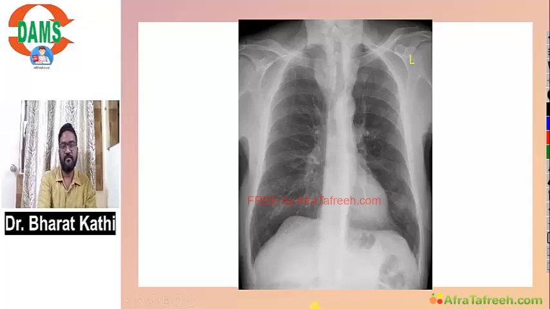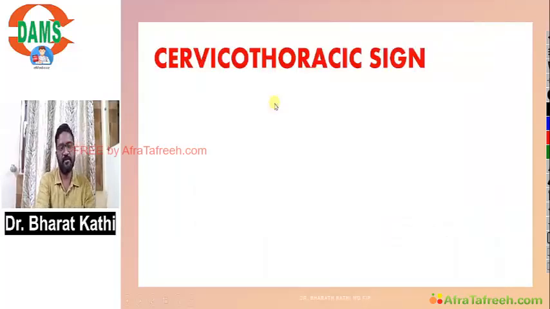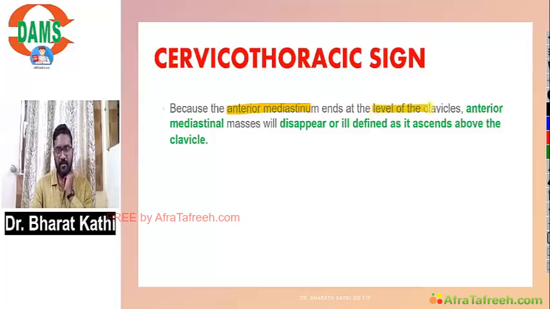Then what is this sign? Whenever you see an enlargement at the clavicular area and the examiner asks you to describe this sign, it is referred to as the cervicothoracic sign, because the anterior mediastinum ends at the level of the clavicles. These are anterior mediastinal masses, if at all present.